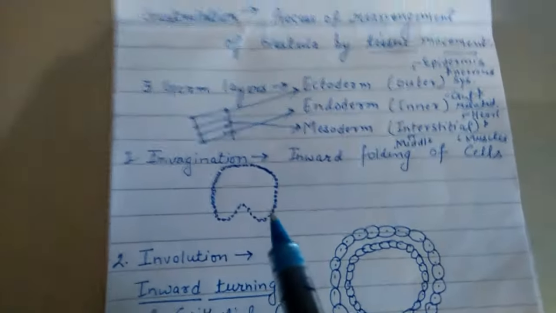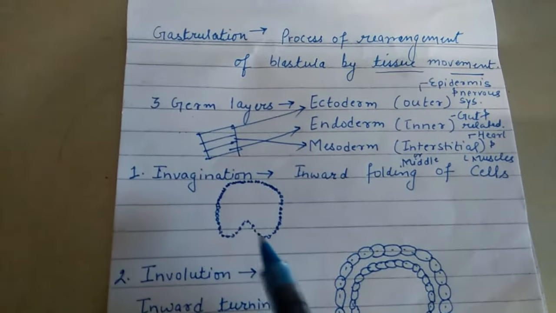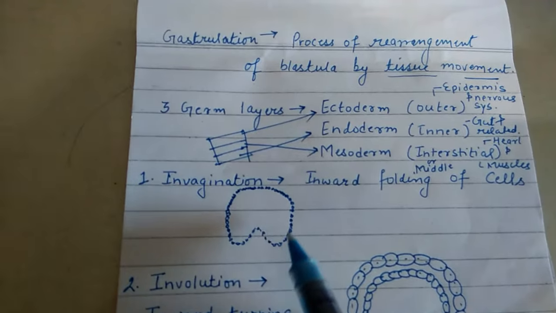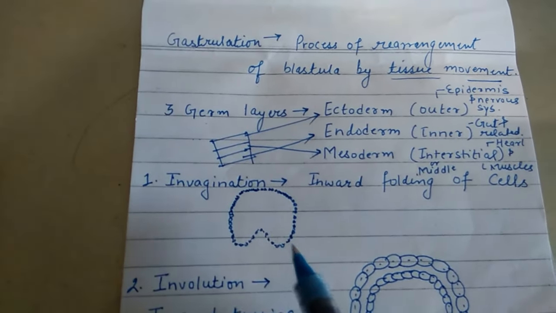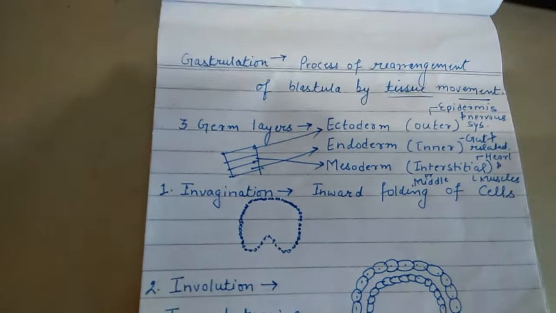First is invagination. We can define invagination as inward folding of cells. We can see here that cells are tilted a little towards the inside, so inward movement starts. So this inward movement of cells in blastula is known as invagination.